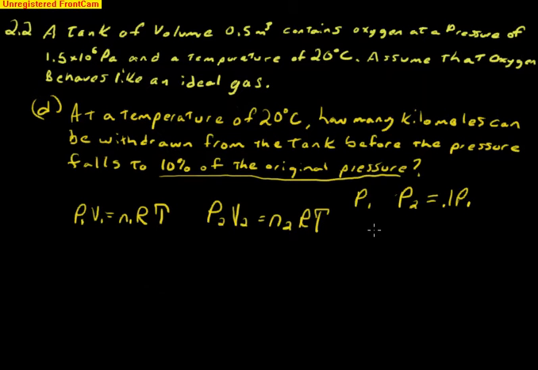We already worked out that 20 degrees Celsius was equal to 293.15 degrees Kelvin. We know that P2 is 10% of P1. And what we're going to do here, instead of dividing the fractions, we're just going to subtract. Let me show you what we're going to do.